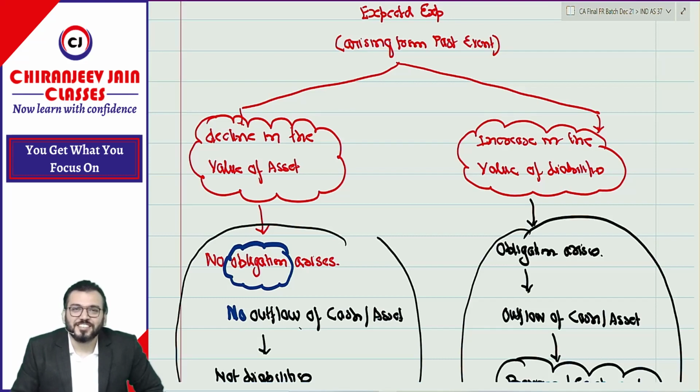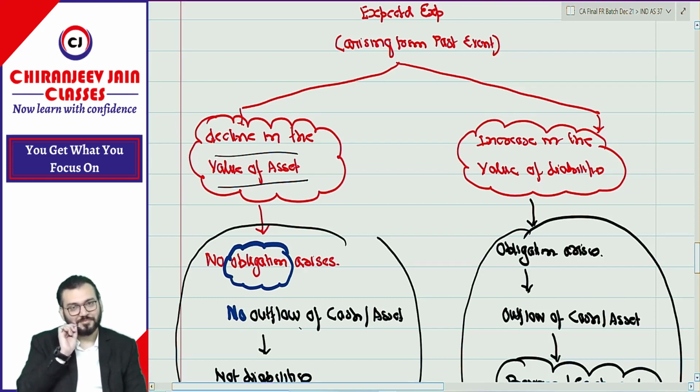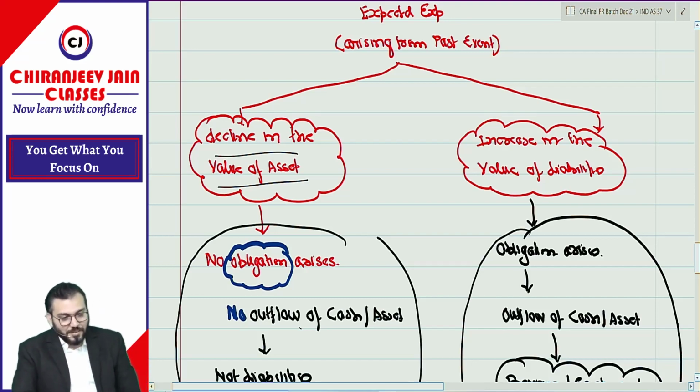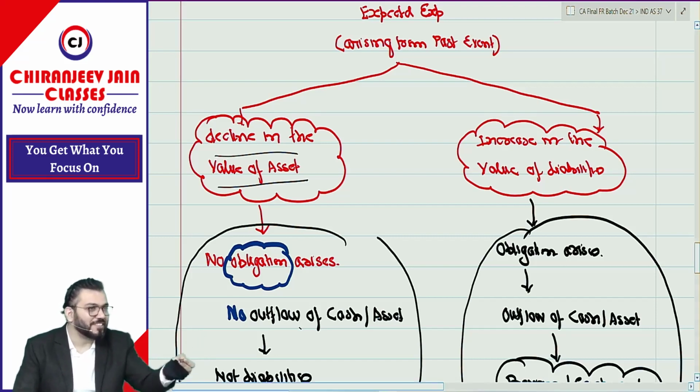Depreciation is the decrease in the value of asset. 100% correct. 100% means everyone who was saying neither this nor this, I don't know what was the reason behind this, but if this was the reason, 100% correct.